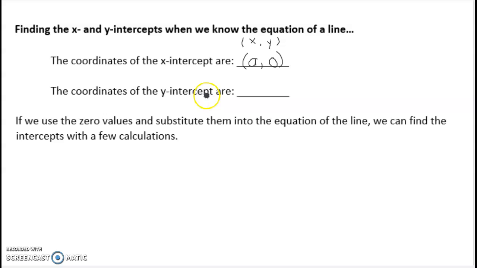And for the y-intercept, it's reversed. Your x-coordinate is 0, and your y-coordinate is a number. So just remember, for x-intercepts, y equals 0, and for y-intercepts, x equals 0.